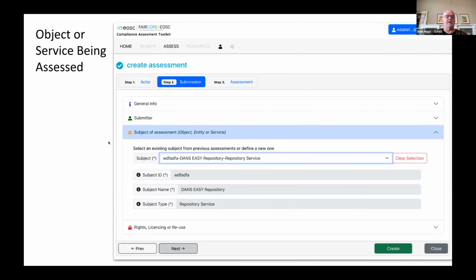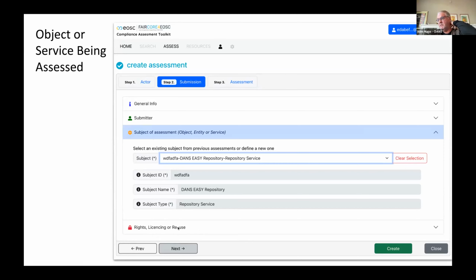I need to provide information about the entity or service or object that I am busy assessing. There's information about the submitter, the subject of the assessment, and then very importantly, the rights and the licensing in terms of reuse.